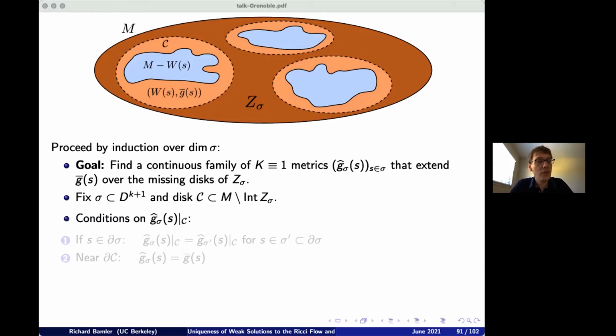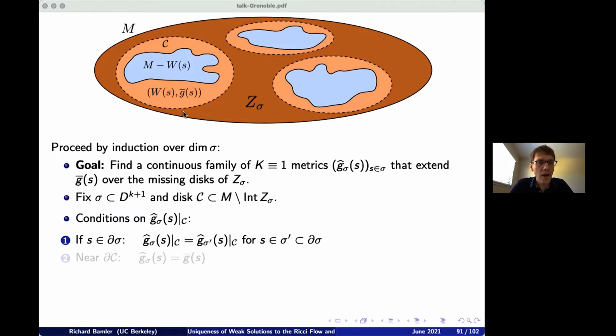Okay? And so what conditions do I need to satisfy? Well, essentially, I'm free to choose whatever I want, but I need to satisfy two conditions. First of all, if S is in the boundary of sigma, then I've already performed this extension process. So in this case, I would want G hat sigma of S, restricted to the disk, to be equal to G hat sigma prime of S, as long as S is contained in some sigma prime, which is contained in the boundary of sigma.